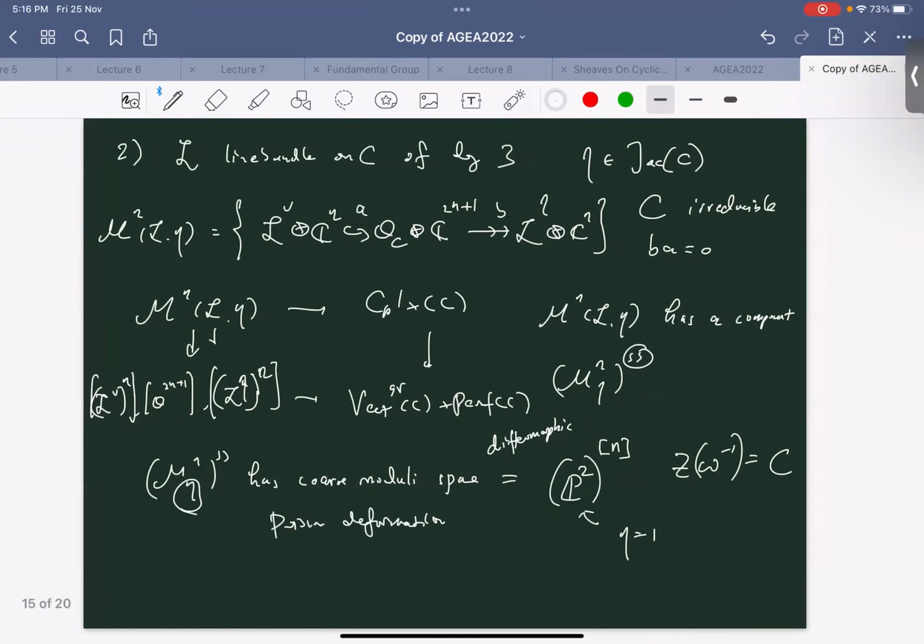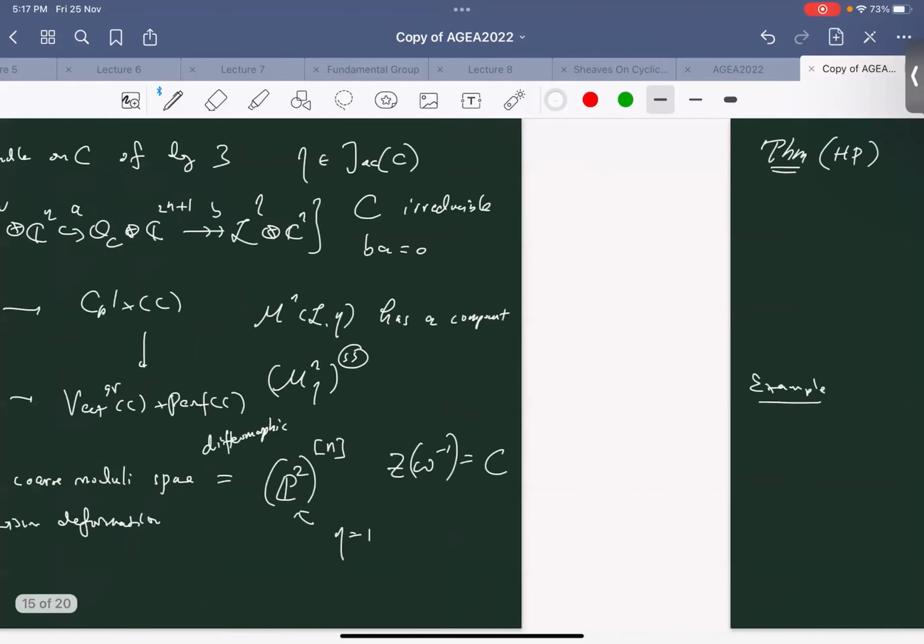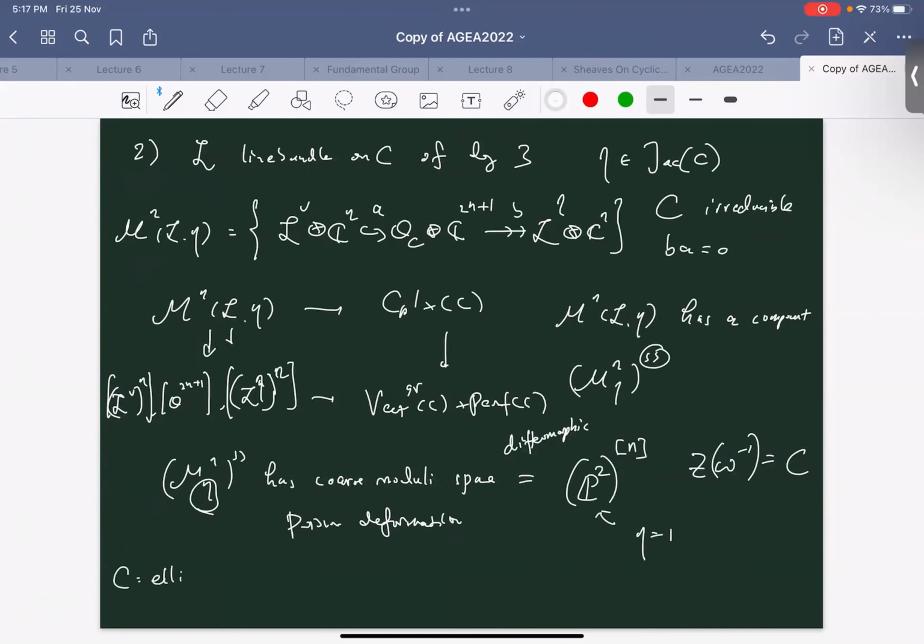Let me comment that if C is an elliptic curve, then again this is known. These are actually the Hilbert schemes of some non-commutative surface, of the three-dimensional Sklyanin algebras. This is due to Nevins and Stafford.